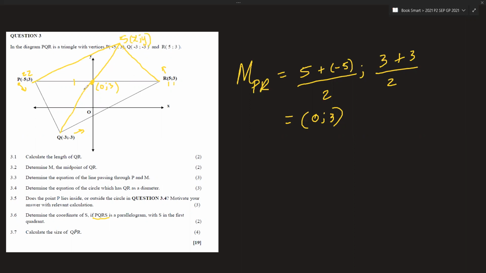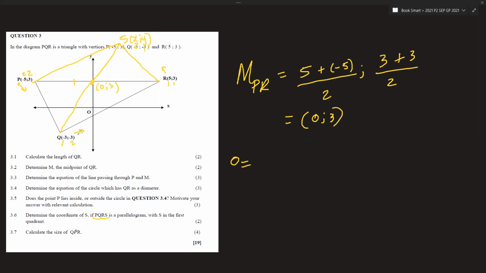Awesome. Now that I know that the midpoint of PR must be the same as the midpoint of QS, I can easily get S now. I'll show you. We're just going to use this answer here. I know that the midpoint's X value can be given by adding this one. So let's call these 1 and 2.